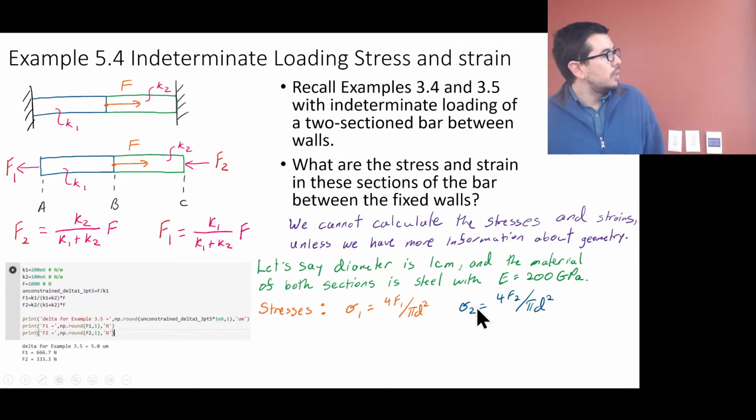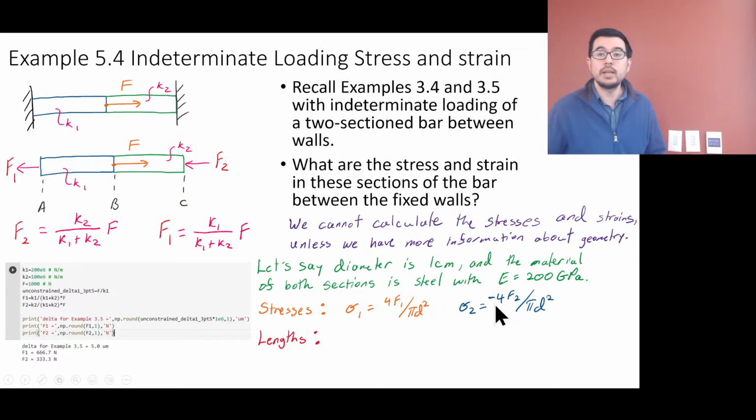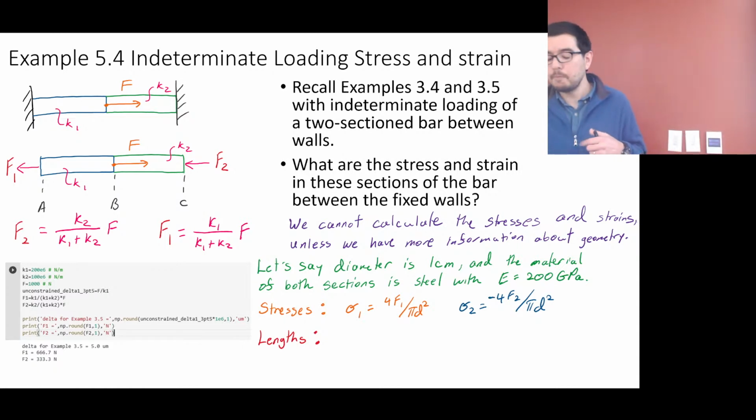Now, did I do this right, or did I make a boo-boo? Sigma 2 is equal to 4F2 over pi d squared. This is where we should be careful. We might want to put a negative there. We do want to put a negative because that's a compressive stress.